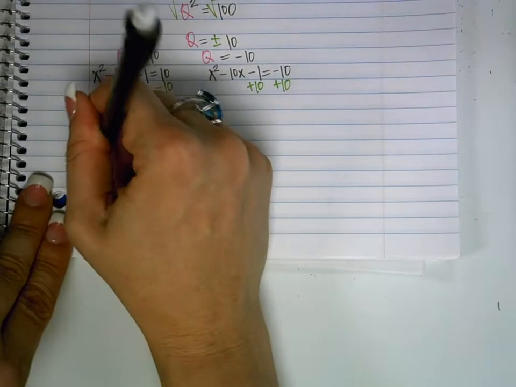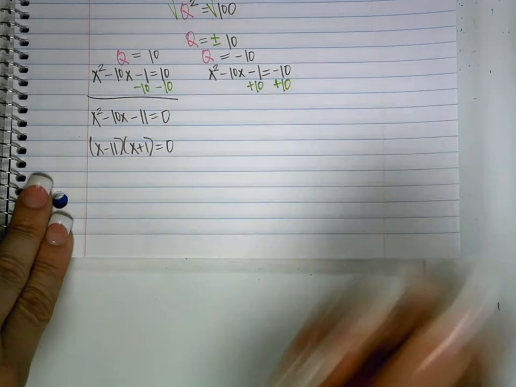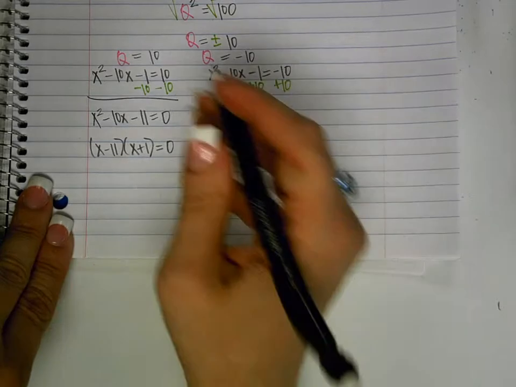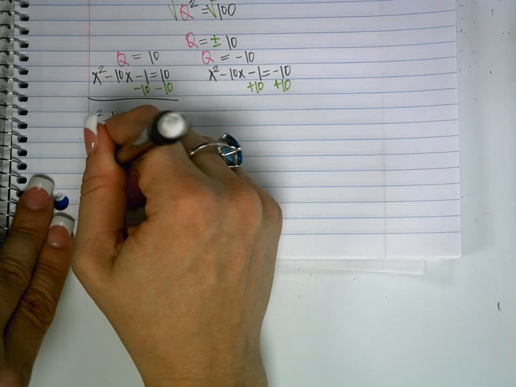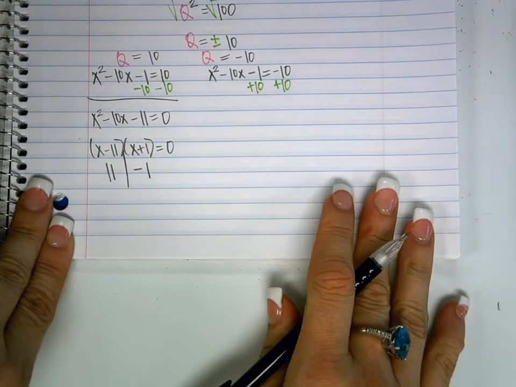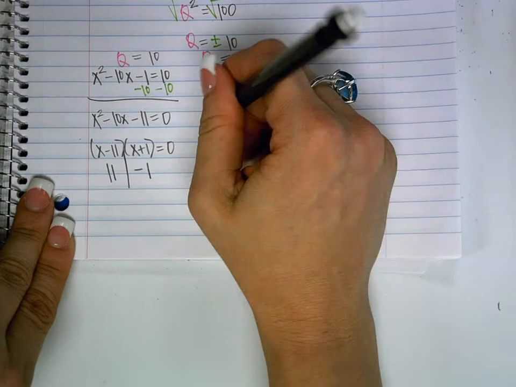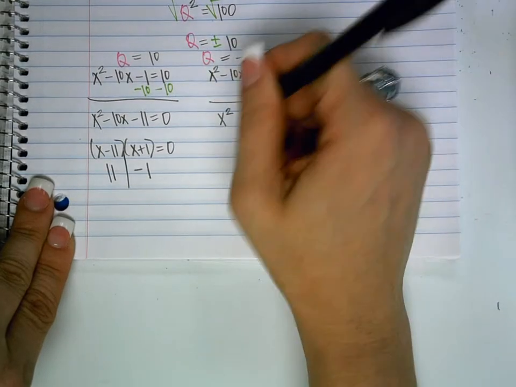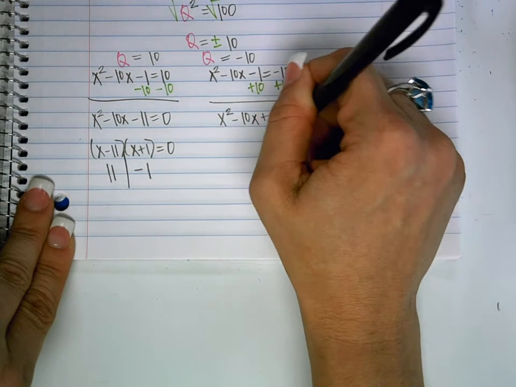That can factor to x minus 11 and x plus 1 equals 0. If you set each part equal to 0, we should get a positive 11 and negative 1. Then for your other problem, again, set it equal to 0, so x squared minus 10x plus 9 equals 0.